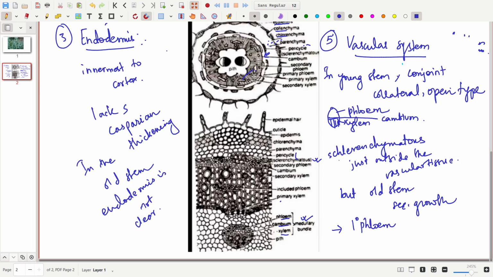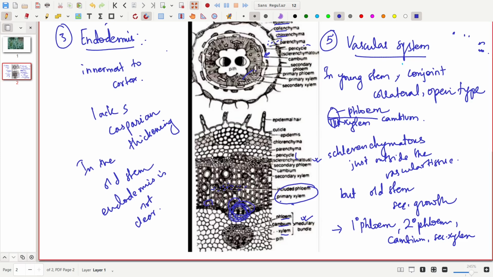In the old stem, they have primary phloem, secondary phloem, cambium, secondary xylem, primary xylem, conjunctive tissue and included phloem. This is the included phloem, and this area shows the primary xylem.